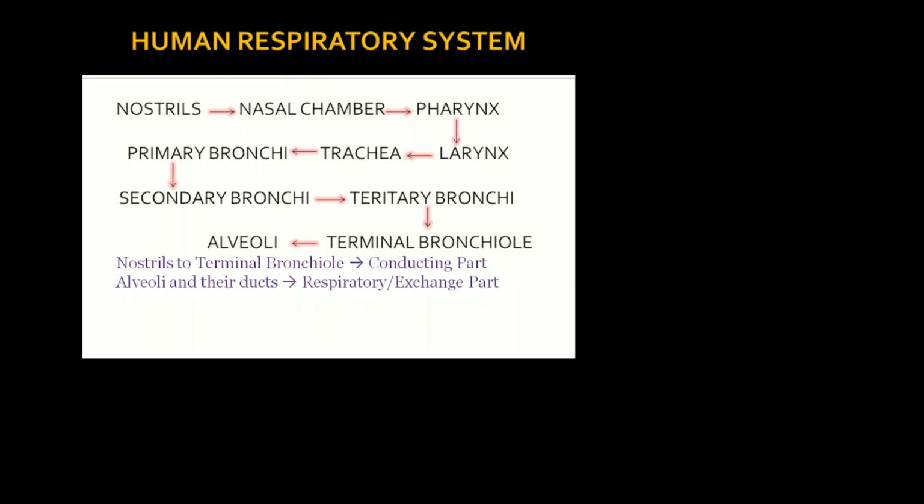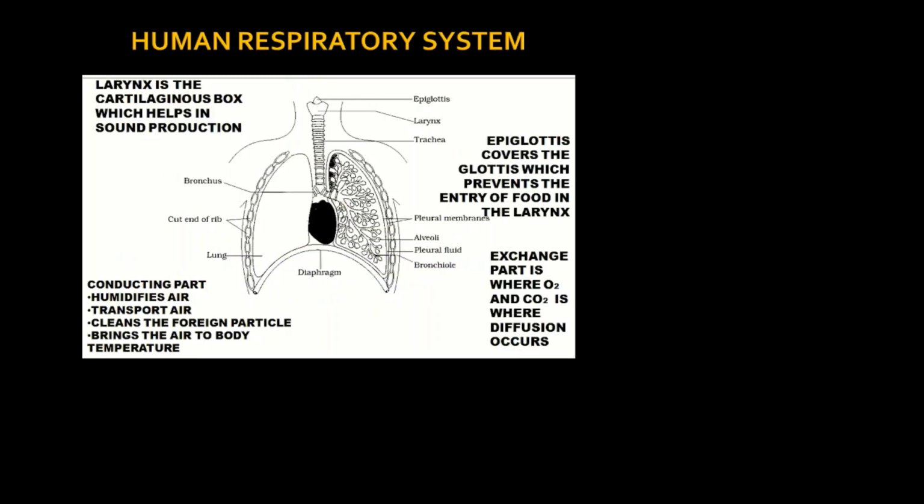For example, when you breathe, the air you take in is quite low in temperature, but the air you breathe out is at your body temperature, 37 degrees Celsius. In the alveoli and ducts, the respiratory or exchange part, oxygen is taken in by the body and the carbon dioxide produced by catabolic reactions is given out.